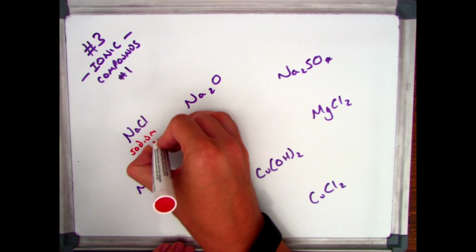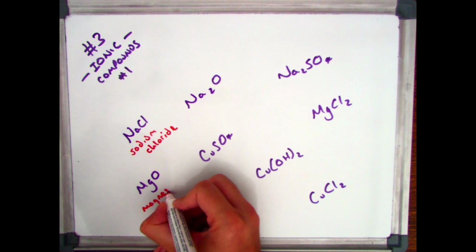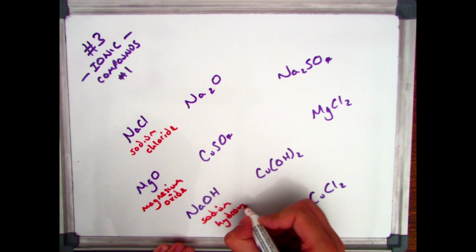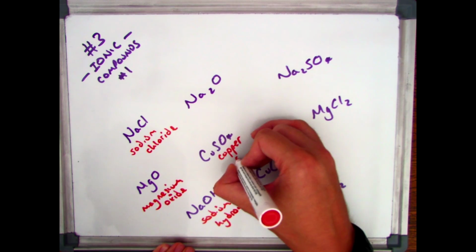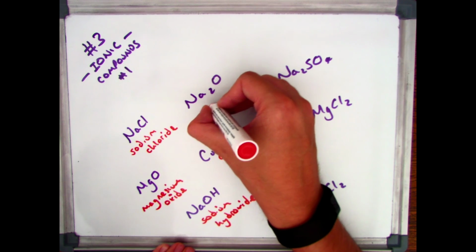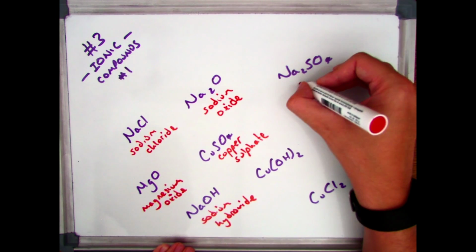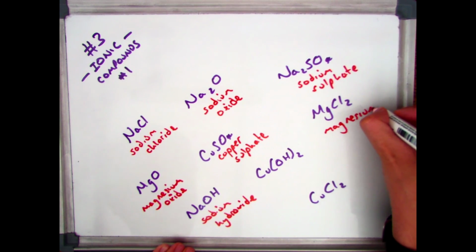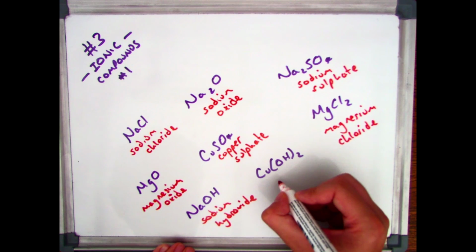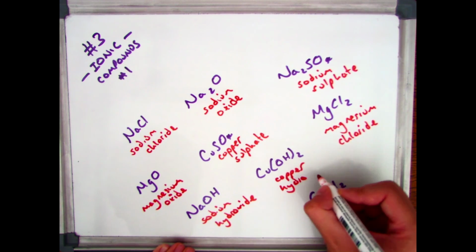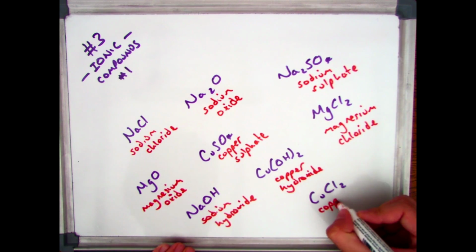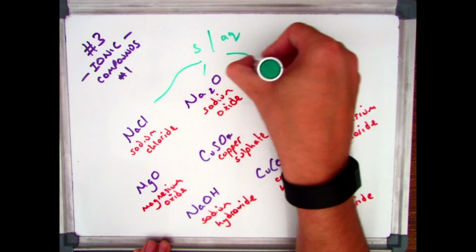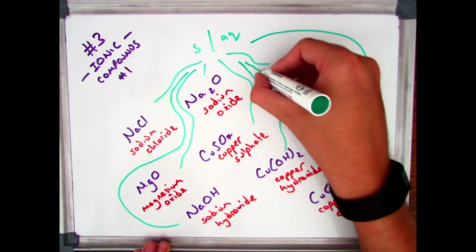So we have NaCl, which is sodium chloride or table salt, MgO, which is magnesium oxide, NaOH, which is sodium hydroxide, CuSO4, which is copper sulfate, Na2O, which is sodium oxide, Na2SO4, which is sodium sulfate, MgCl2, which is magnesium chloride, Cu(OH)2, which is copper hydroxide, and CuCl2, which is copper chloride. Now all of these are solid at room temperature, and most of them will dissolve to become aqueous in solution.